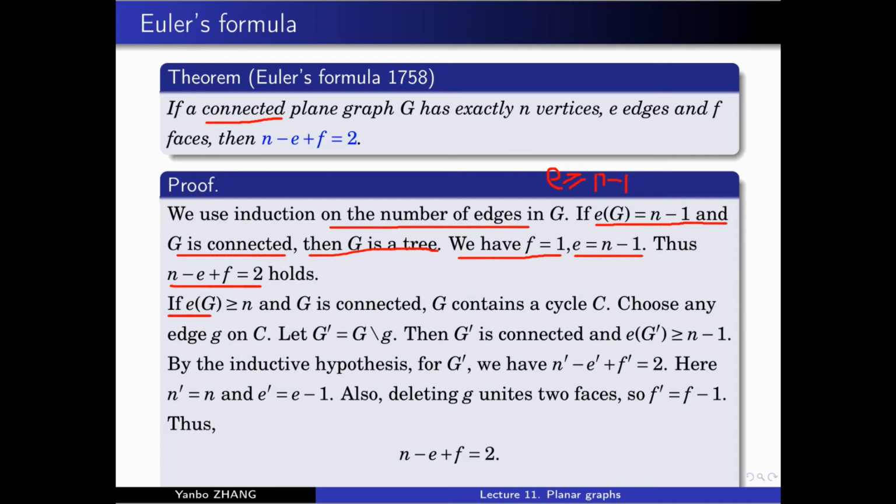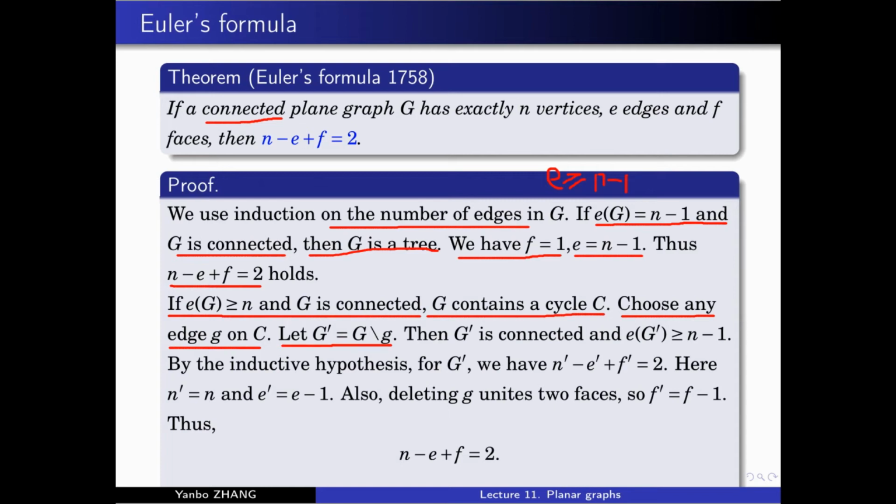If e(G) is greater than or equal to n and G is connected, G contains a cycle C. We can choose any edge g from the cycle C, and let G prime be obtained from G by deleting the edge g.